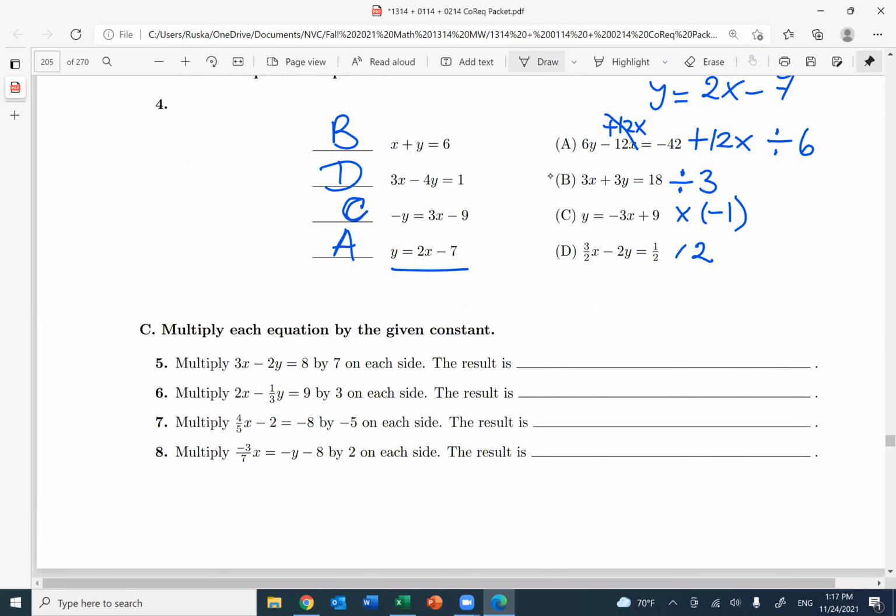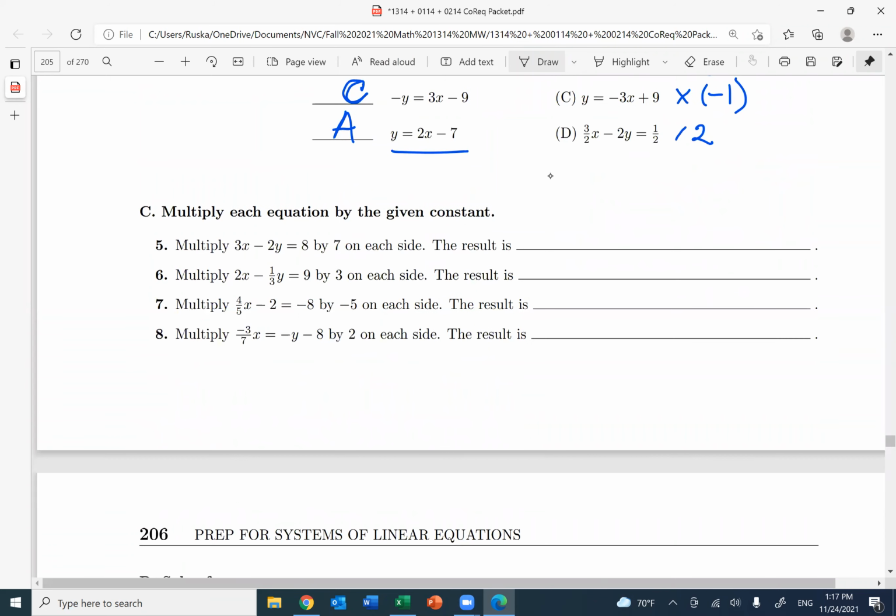The next one we're going to actually do the steps. Multiply each of the equations by the given constant, and we're going to write what is the result. These are the steps you're going to need when you solve systems of equations. You're going to multiply one equation by something, and then you're going to solve it that way. Here they give me the equation, you're going to multiply by 7. So multiply each term by 7.